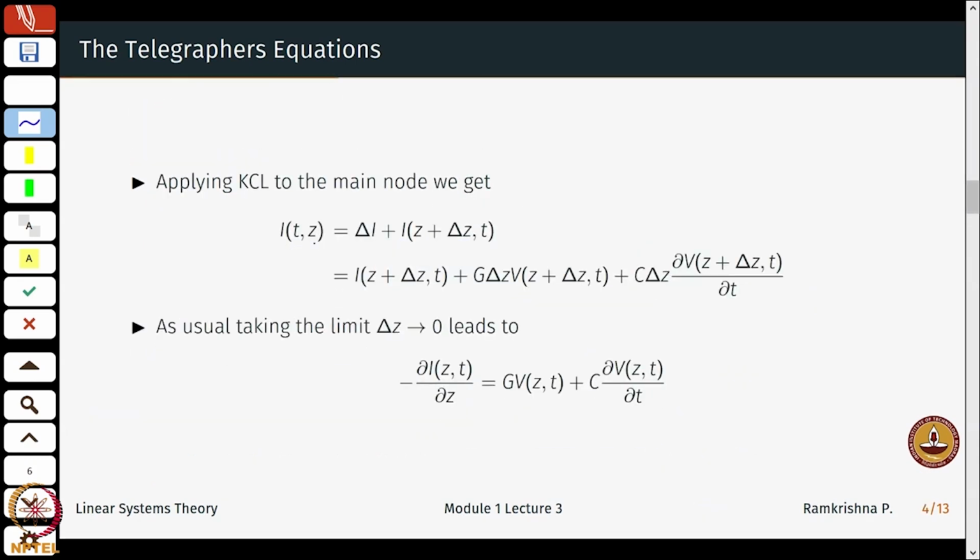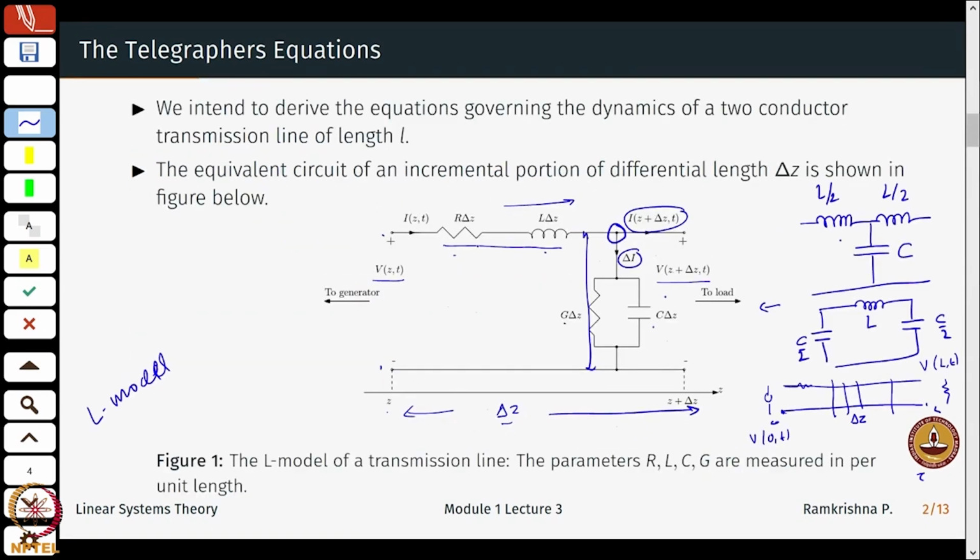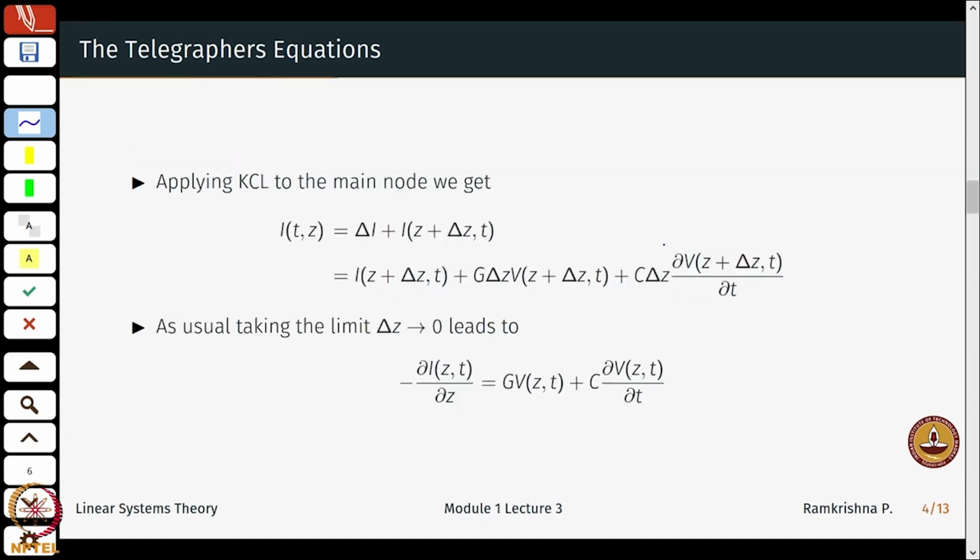So, I write down I at t comma z is delta I plus I z plus delta z comma t, and I write this delta I in terms of V z plus delta z comma t and these two elements here, because the voltage at this point is V z plus delta z comma t. Okay, and then I just rearrange terms, take the limit as delta z goes to 0, and then I have another partial differential equation here, right.